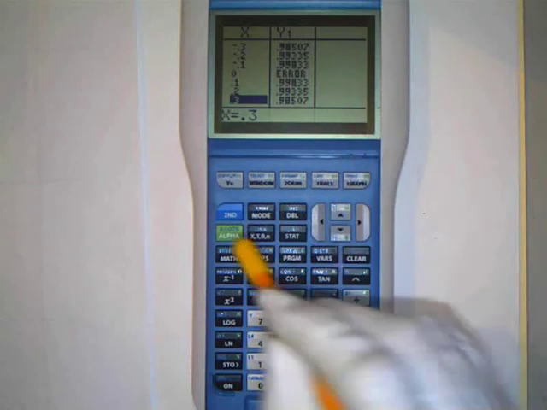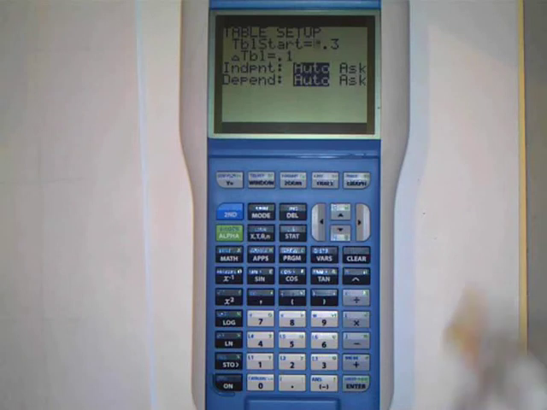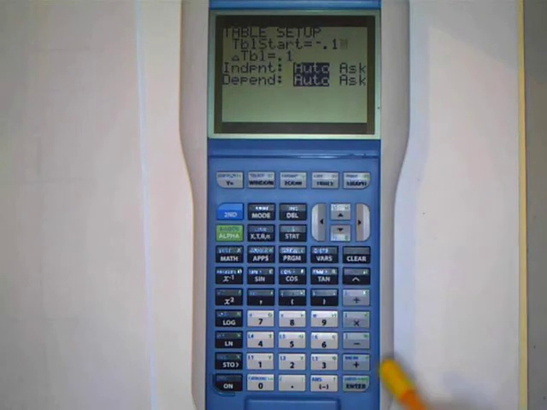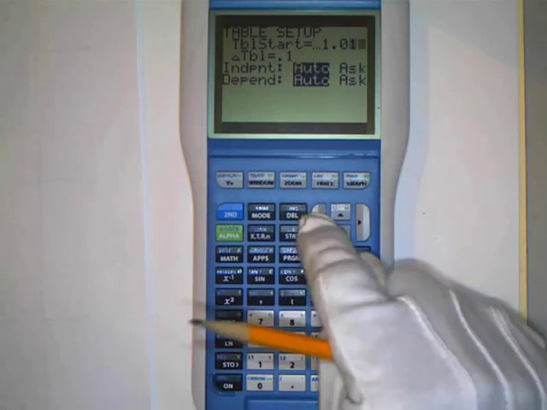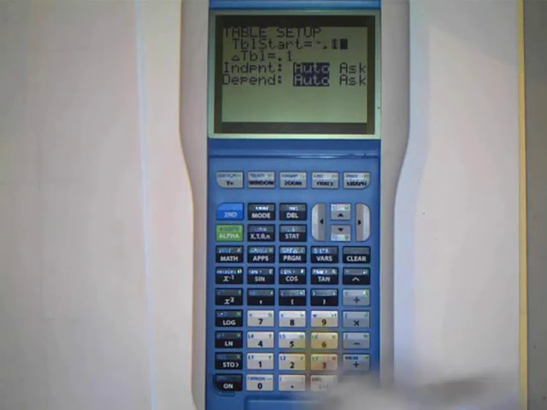Now, if we did want to do like we did before, we can go back and change this so instead of -1, we could go -0.1, and then go down here and make the delta 0.01. Sorry about that.